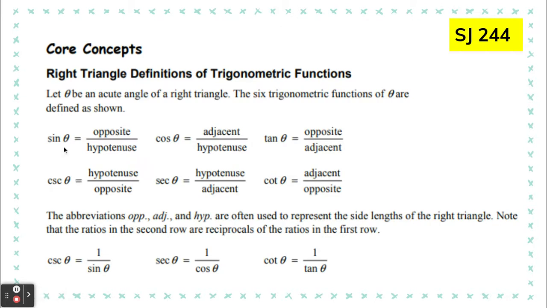So if I know the value for sine, opposite over hypotenuse, I can take the reciprocal, hypotenuse over opposite, and that's the fraction or ratio that represents that cosecant value. Secant is the reciprocal of cosine, and cotangent is the reciprocal of tangent. So these are reciprocals of each other. Okay, so we're going to identify all 6 trig functions of an angle.